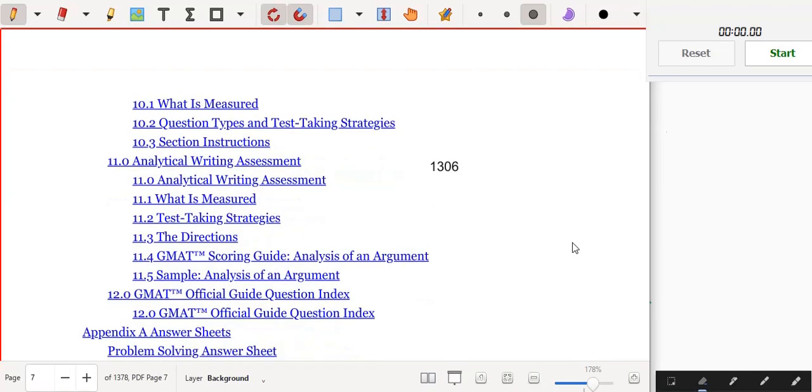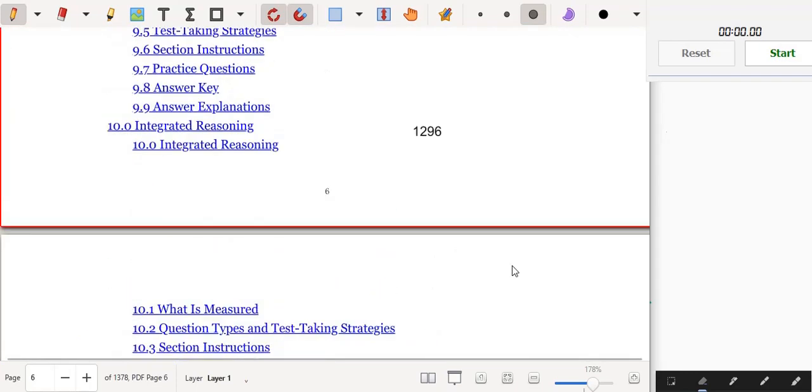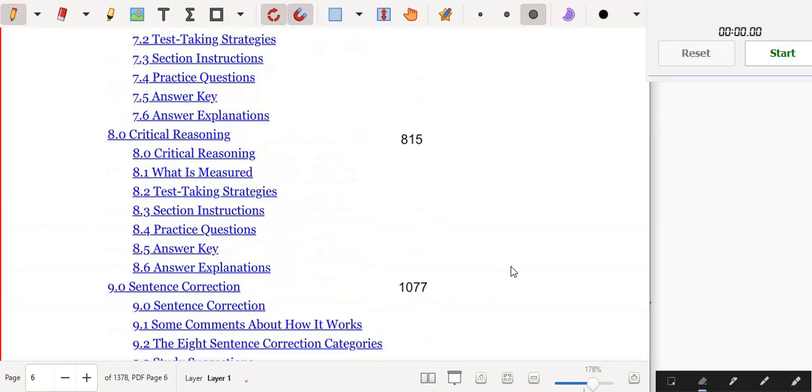And then further, they have given some GMAT question guide. So I will prepare all of this gradually, but today I am going to do this critical reasoning section. So I will directly jump to the critical reasoning page.